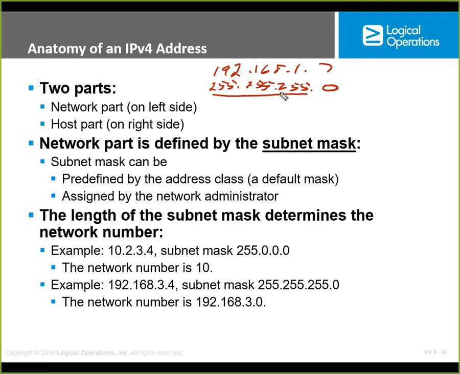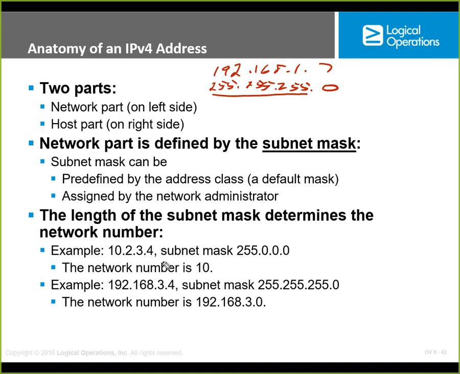So the network address for this would be 192.168.1.0. The broadcast address, the one that went to everybody, would be 192.168.1.255. And when we look at the conversion, 255 is going to be the last address in here. The length of the subnet mask determines the network number.